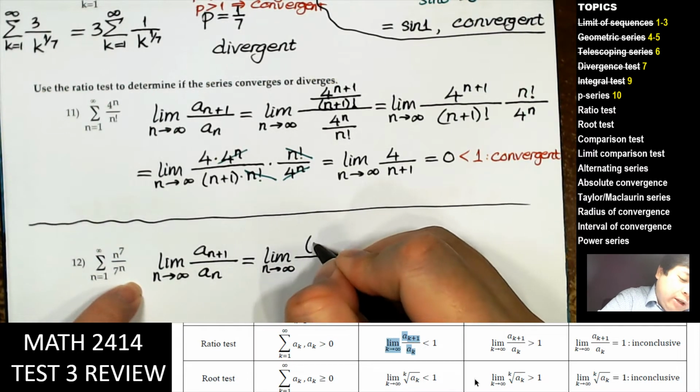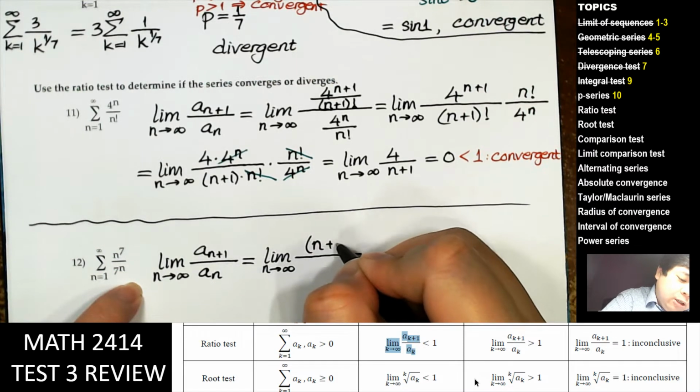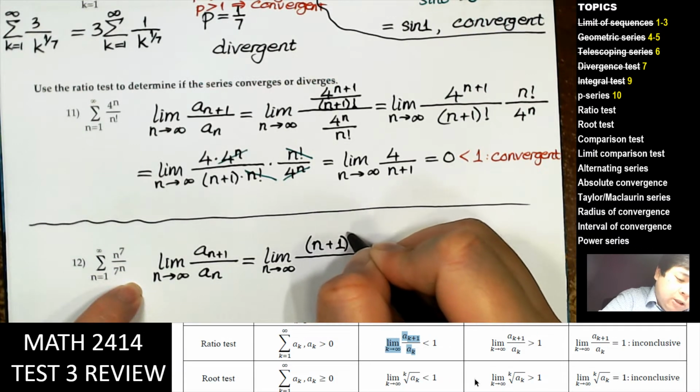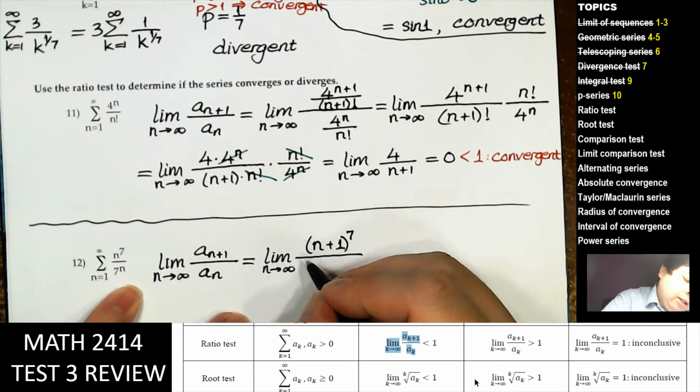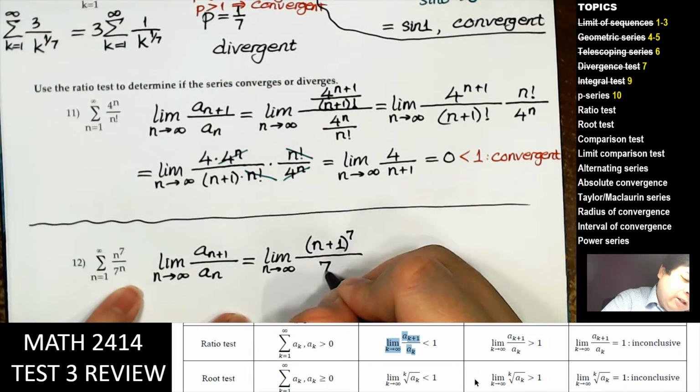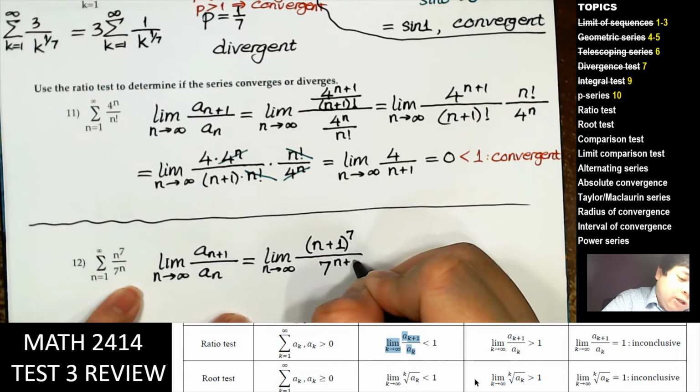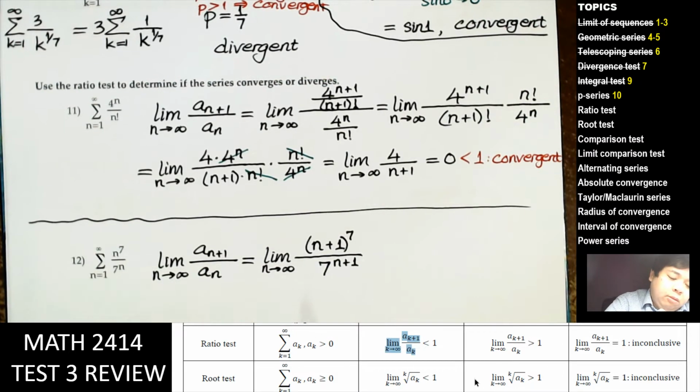So we have n plus 1 to the 7 over 7 to the n plus 1. I wrote that wrong, okay.